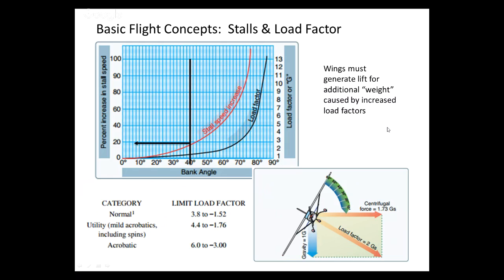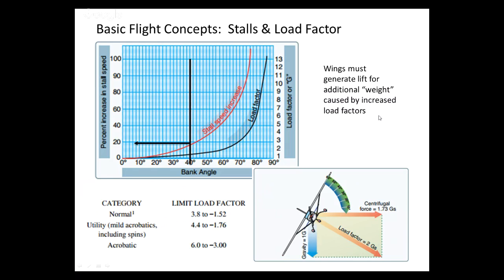As you turn your aircraft through 10 degrees of bank, 20 degrees of bank, 30 degrees of bank, you keep increasing bank angle, you're increasing that load factor exponentially. And with an increased load factor, you have an increase in stall speed. Increased load factor equals increased stall speed? Correct. Yep.